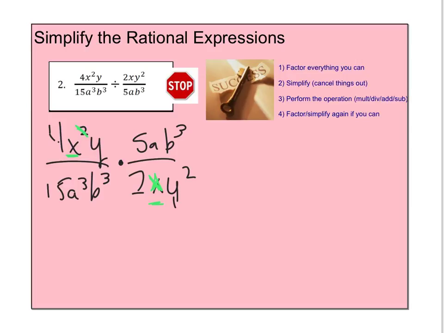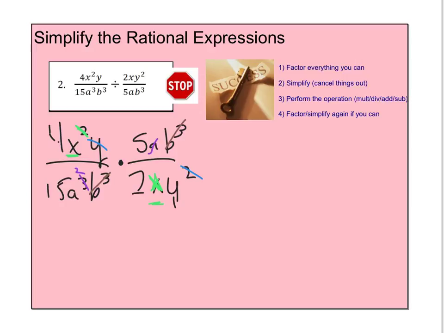For y, I've got y over y squared, so that'll cancel out. I've got a up here and a to the third, that'll become a squared. B is interesting because b completely goes away. B cancels out because it's b to the third over b to the third.